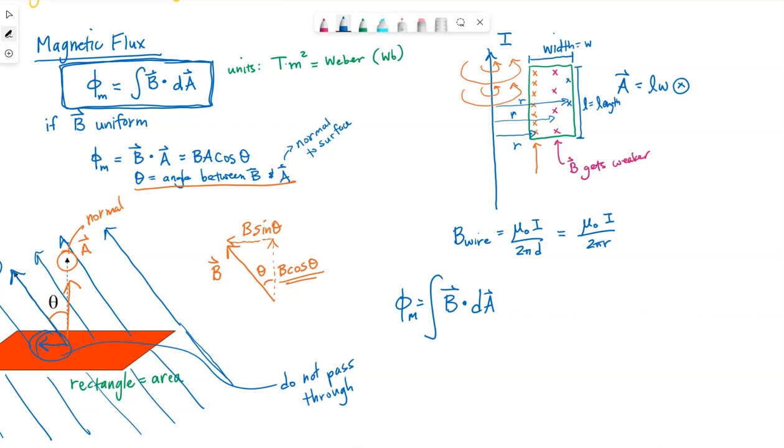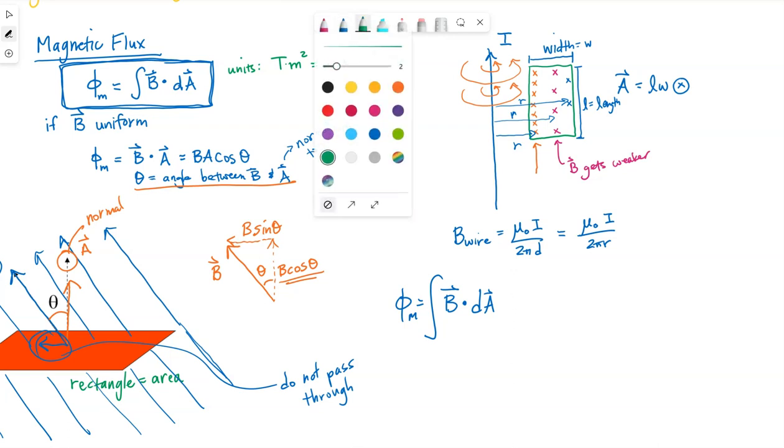So we need a way to figure out a dA, meaning we need to choose an area such that the magnetic field is uniform in that area. Then we're going to add up all the B dot dAs. The area I'm going to choose is going to be a rectangle.